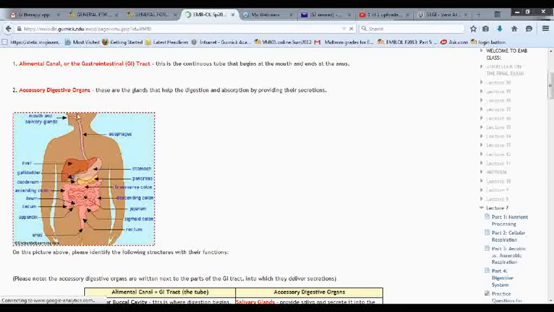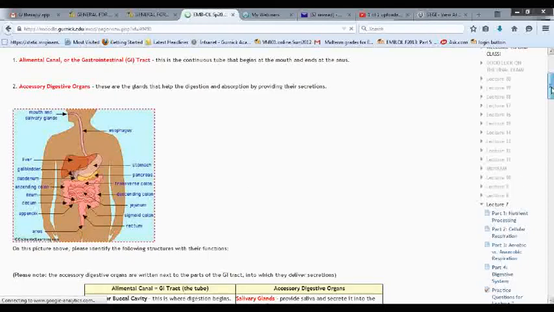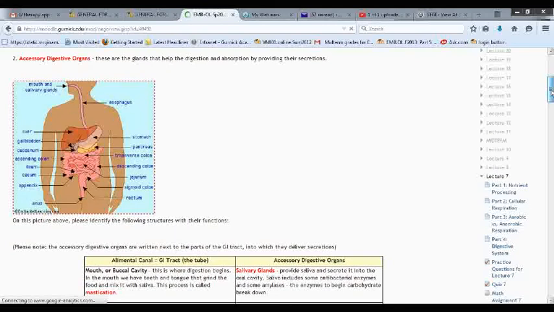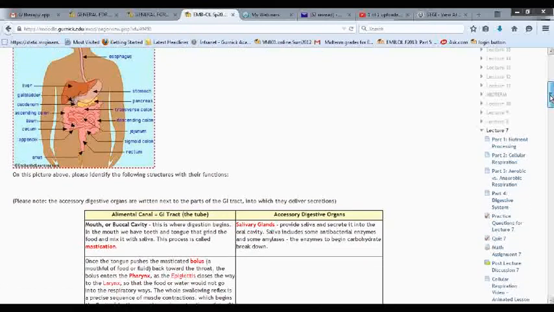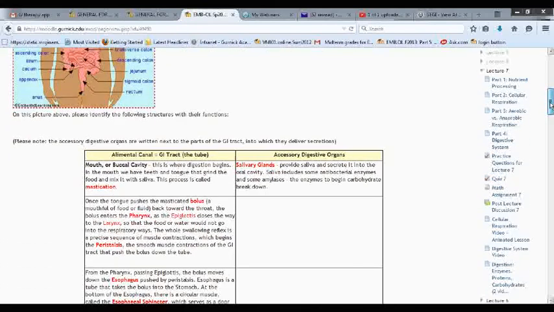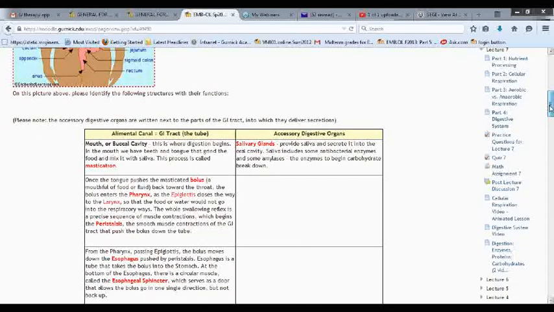One of them would be the salivary glands in the mouth. Then there is the liver that produces bile, the gallbladder that stores that bile, and then there's the pancreas, which produces most of your digestive enzymes. Okay, 4 accessory digestive organs. All right, so you need to know all the parts of the alimentary canal and the accessory digestive organs.